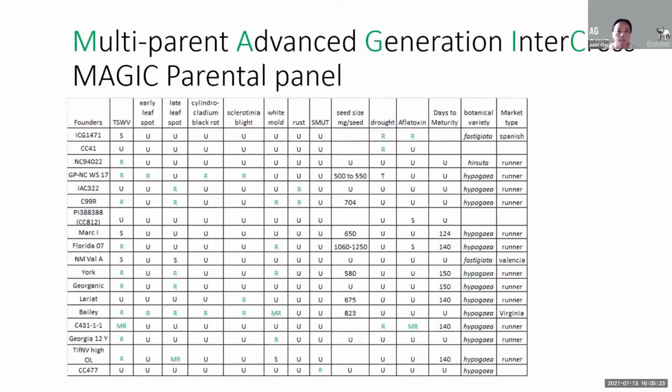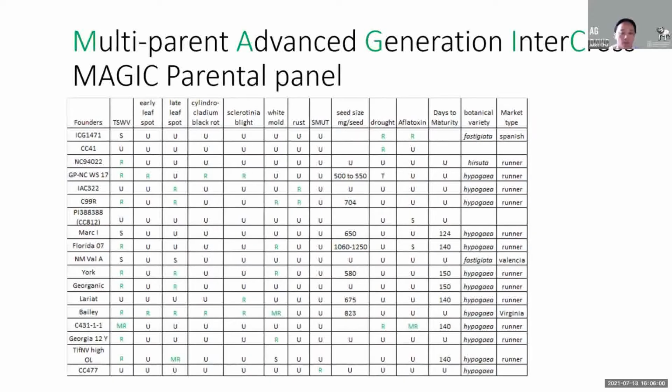And then the selection of this MAGIC population also takes into consideration the important diseases that threaten peanut production. So here the founders have unique contributions to resistance to TSWV, early leaf spot, late leaf spot, cylindrocladium black rot, Sclerotinia blight, white mold, rust, smut, and also drought tolerance and resistance to aflatoxin contamination.